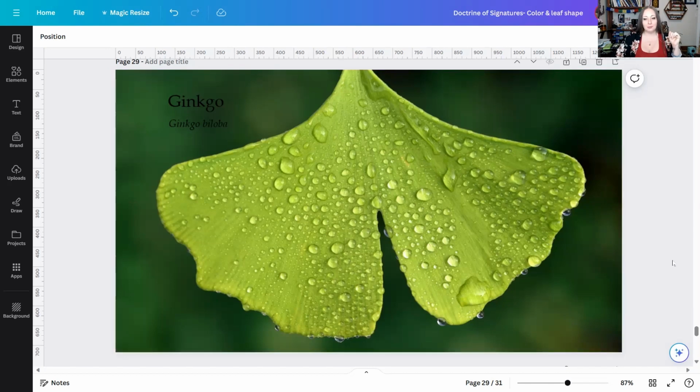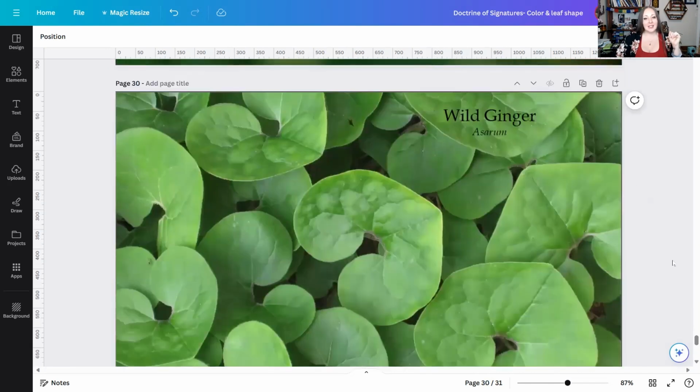Okay, next we have sets of three leaves. These point to gynecological remedies because the triangle is a symbol for the female sexual organ.